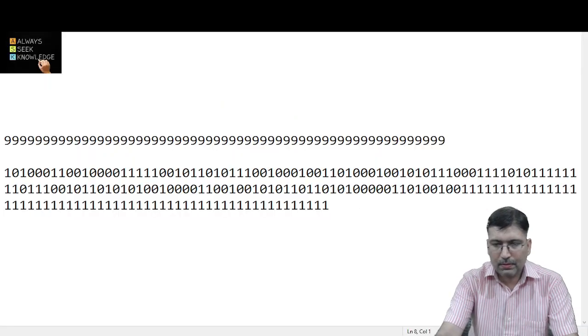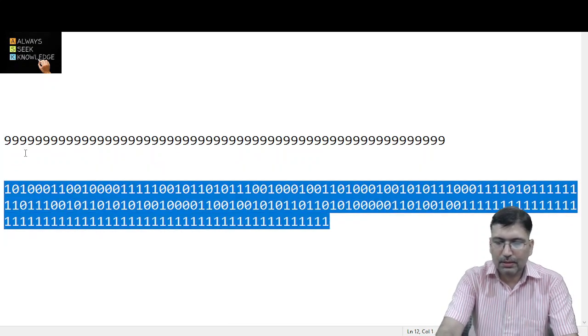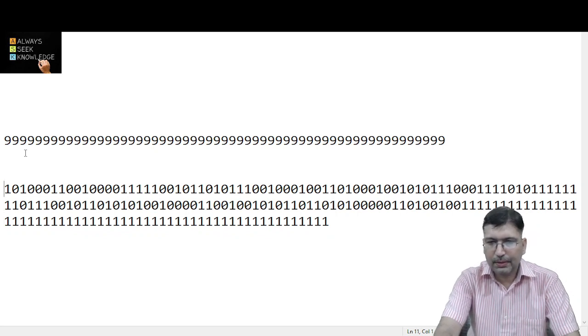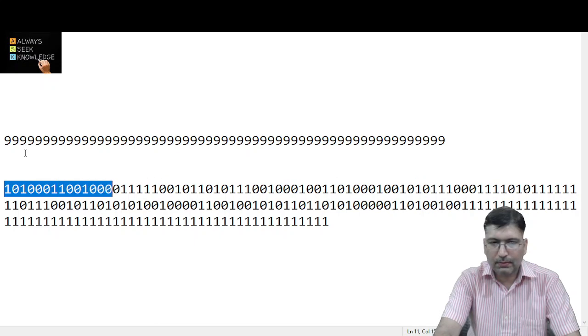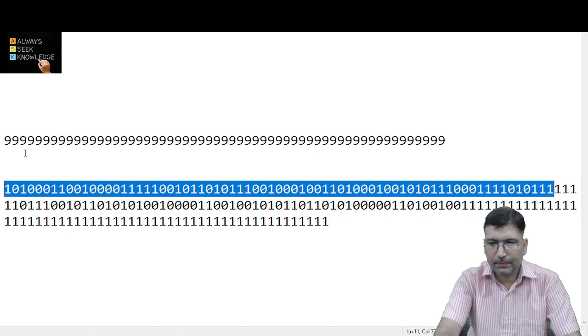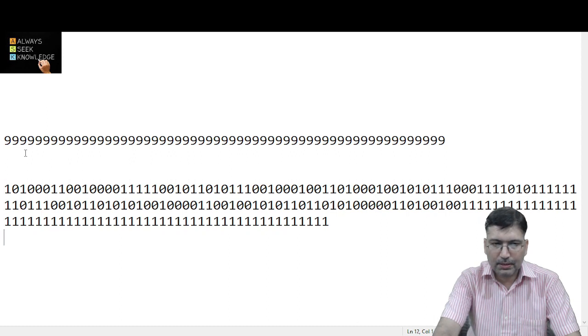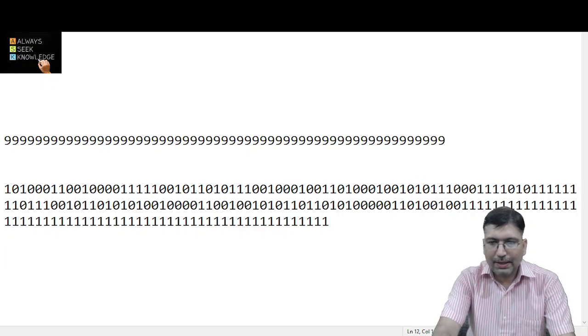So let's check it. We have entered this number, 57 times 9, and we are getting this value as binary. So if you count it, it is 190.